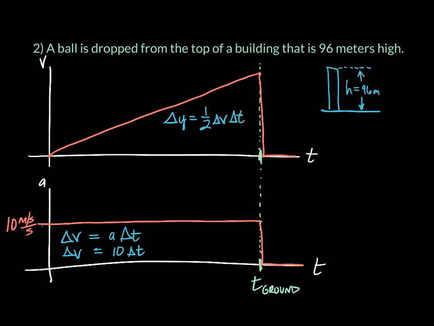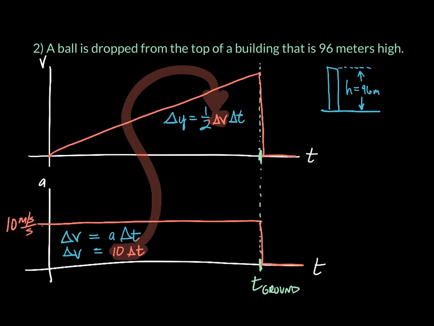Well, delta v was that, so I could move that 10 delta t in for delta v, and I'll get delta y equals 1/2 times 10 delta t times delta t.